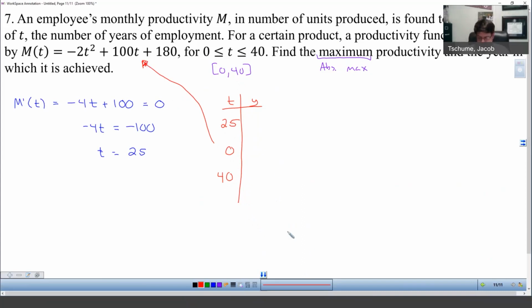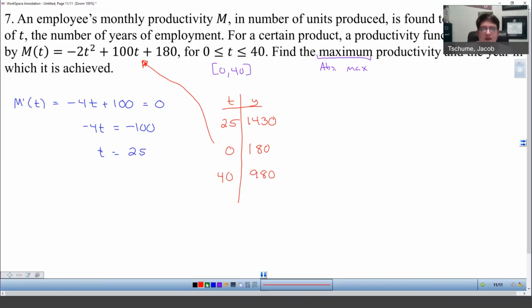So let's see, if I start by plugging 25 in, I get a value of 1,430. If I plug 0 in, I get a value of 180. And if I plug 40 in, I get 980.